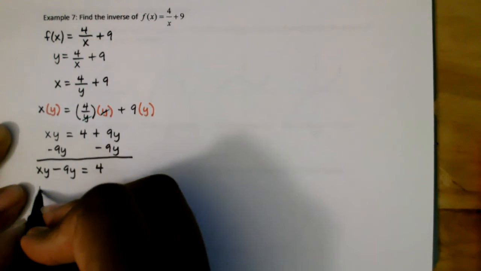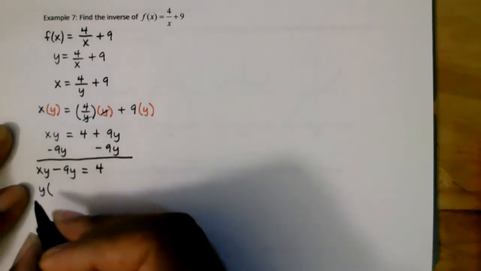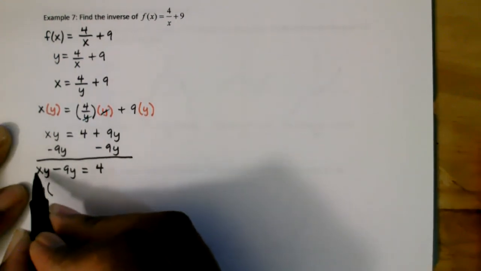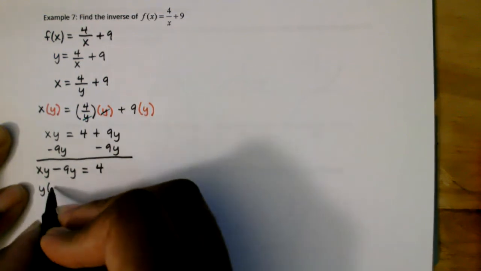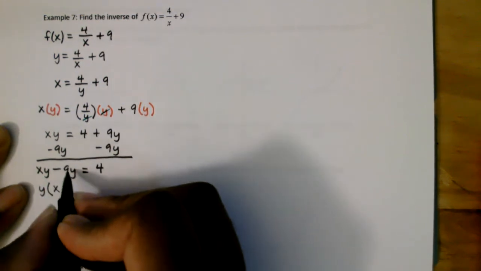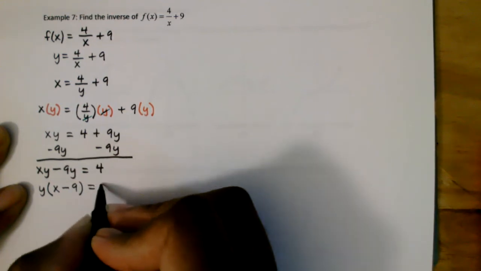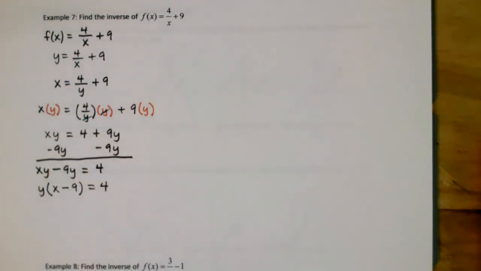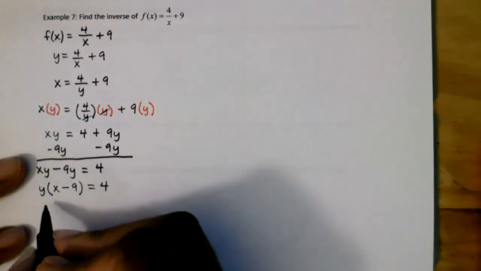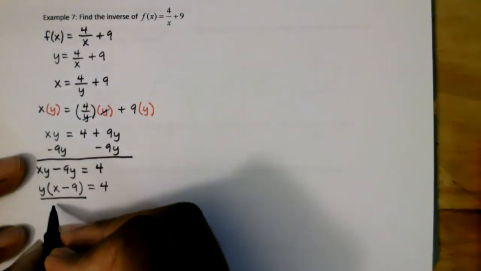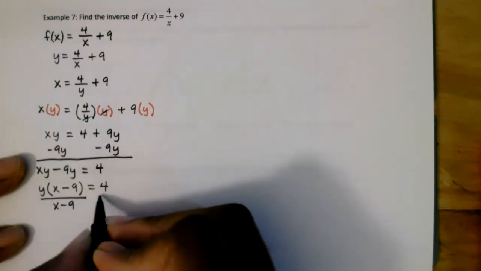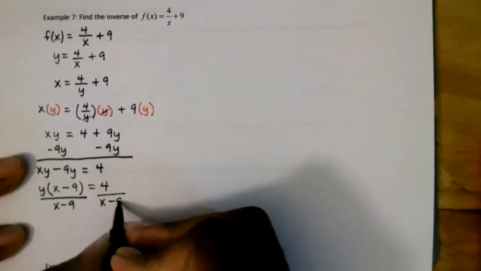So this y will be on the outside. And on the inside of the parentheses, if I do xy divided by y, I'll be left with x minus, 9y divided by y would just be 9. So I have y times the quantity x minus 9 equal to 4. And then to get that y by itself, since it is being multiplied by x minus 9, I'll divide both sides by x minus 9.